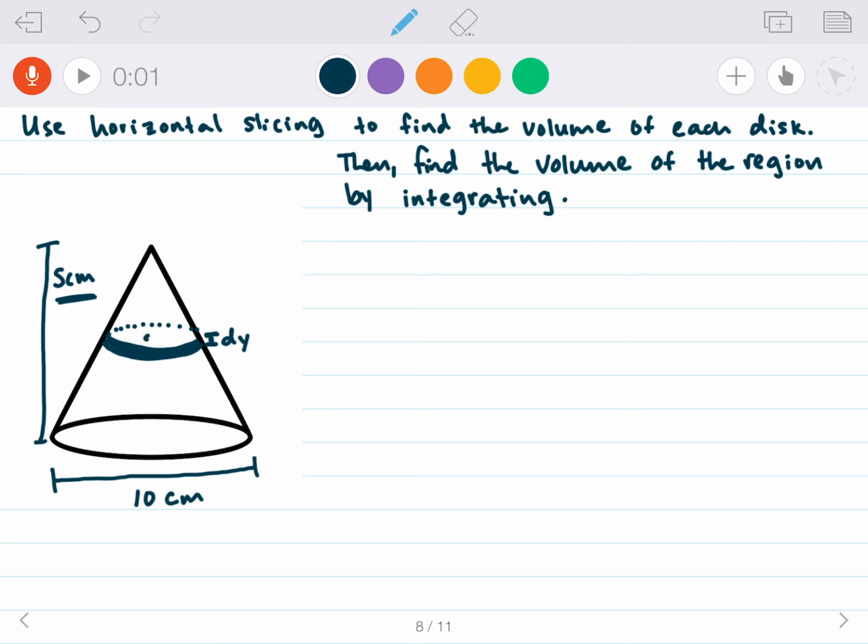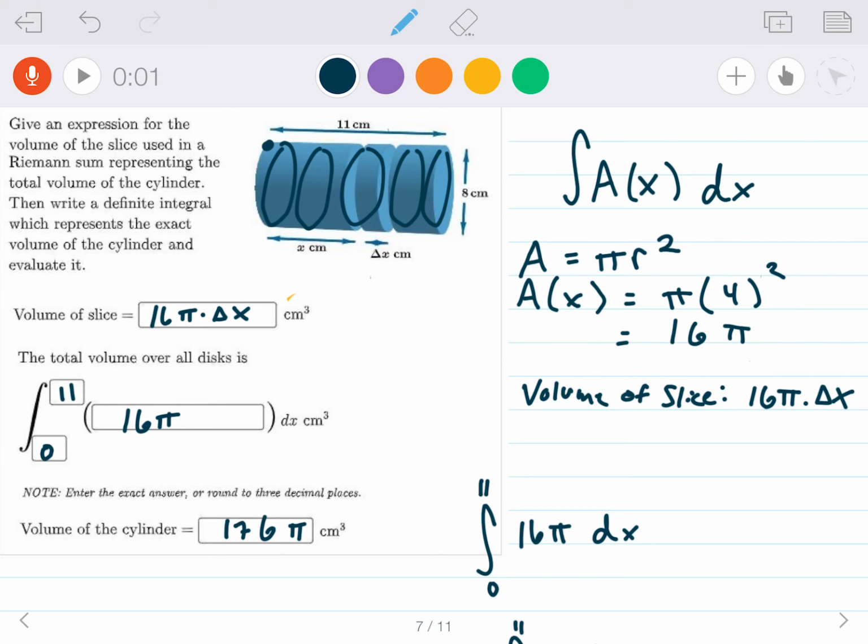It's also going to have a radius, which we're not sure what the radius is right at the moment. But we know that the diameter of the base of this cone is 10 centimeters. And that means that the radius is going to be 5 centimeters. So let's just label that here. Now, how is this problem different from this problem?